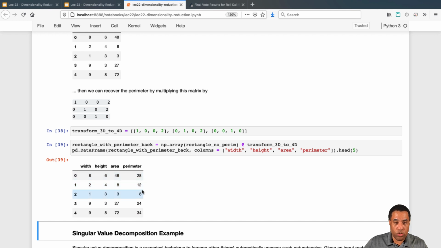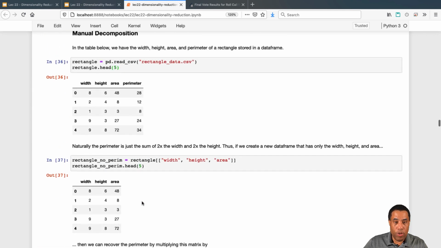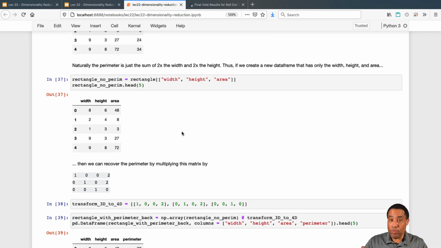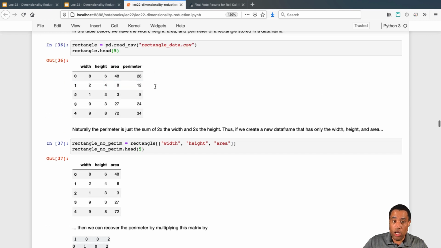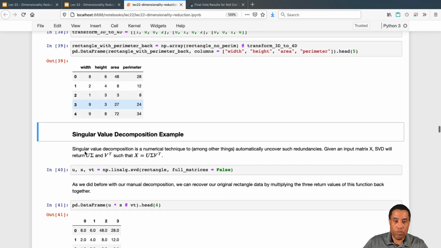And so 28, 12, 8, 24, and 34. And if we go back up here, we can see our original matrix was 28, 12, 8, 24, and 34 in our first 5 rows. So we were able to do this lossless compression to go from having 4 columns to having only 3 columns plus our transformation matrix, which allowed us to sort of reconstitute, rehydrate our matrix back into a 4-dimensional matrix.